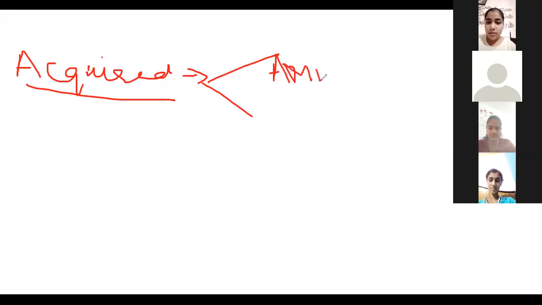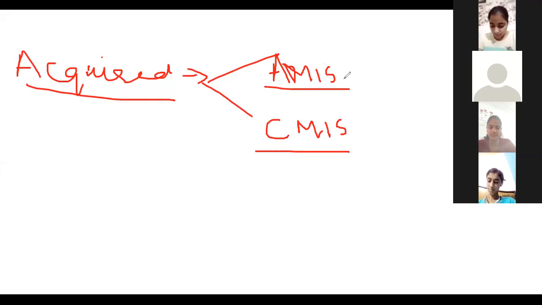Antibody mediated immune system and cell mediated immune system, right? So the antibody mediated immune system is also termed by another name. Humoral immunity. Right, humoral. Why is it called so? Those antibodies are released into blood.